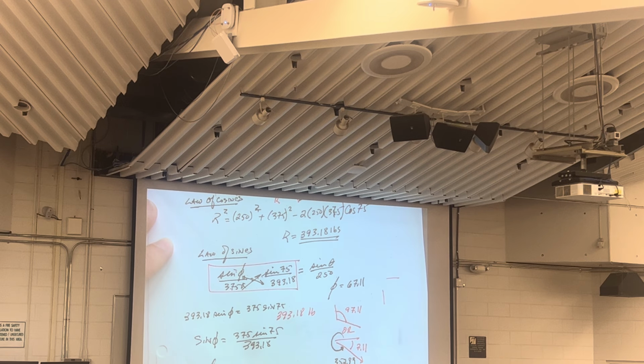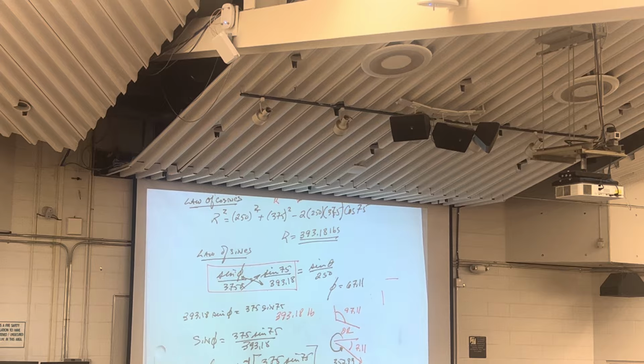Therefore, phi is equal to sine inverse of 375 sine of 75 divided by 393.18. Can you whip out your calculator and do those, please? Okay, thank God. Questions?